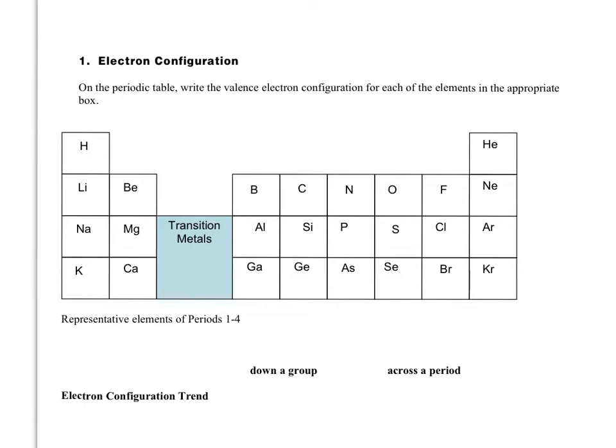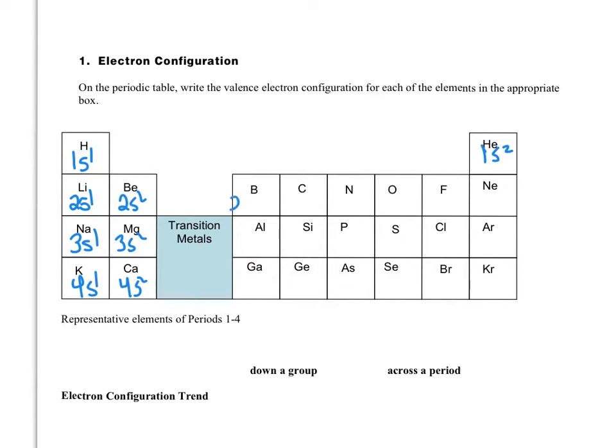So let's go ahead and start doing that real quick. So this is 1s1, 2s1, 3s1, 4s1. Then 2s2, 3s2, 4s2.